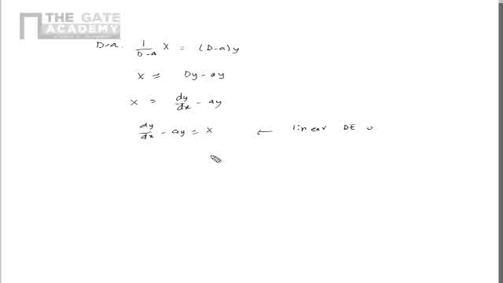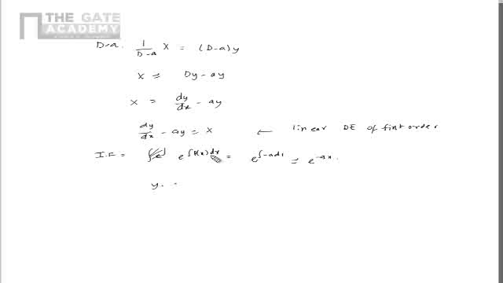So this I can just rearrange, and this becomes basically a linear differential equation of first order. And remember how did we solve this? By the integrating factor method. So the integrating factor was e^(integral of P(x) dx), which was e^(integral of minus a dx), which is e^(-ax).